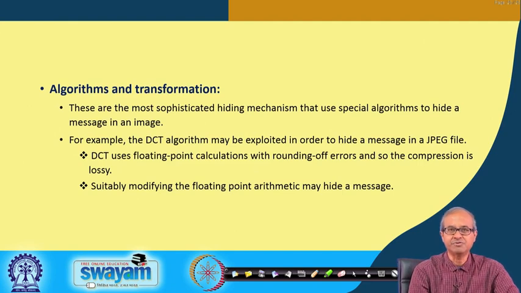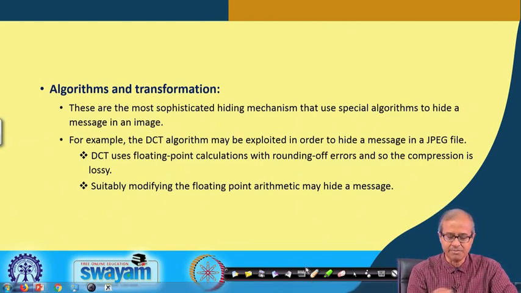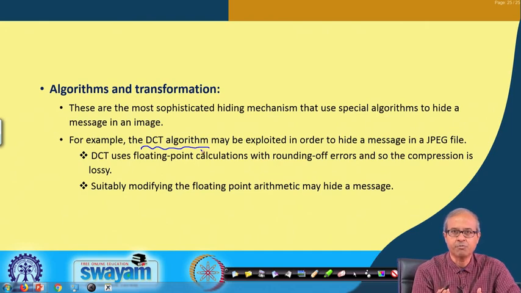Now, there are methods which are more sophisticated, where you use some algorithms and transformations before you hide. So, you do not directly hide the data in the LSB of the image, the sound file or the video file, but you carry out some kind of transformation. The discrete cosine transform is one popular method, using which you can hide a message in a JPEG file, but not directly; you have to use DCT.